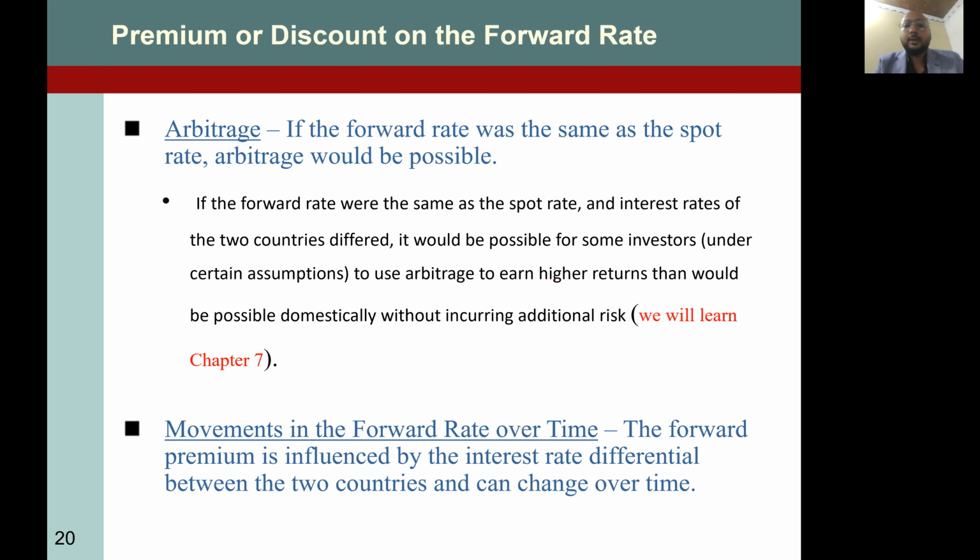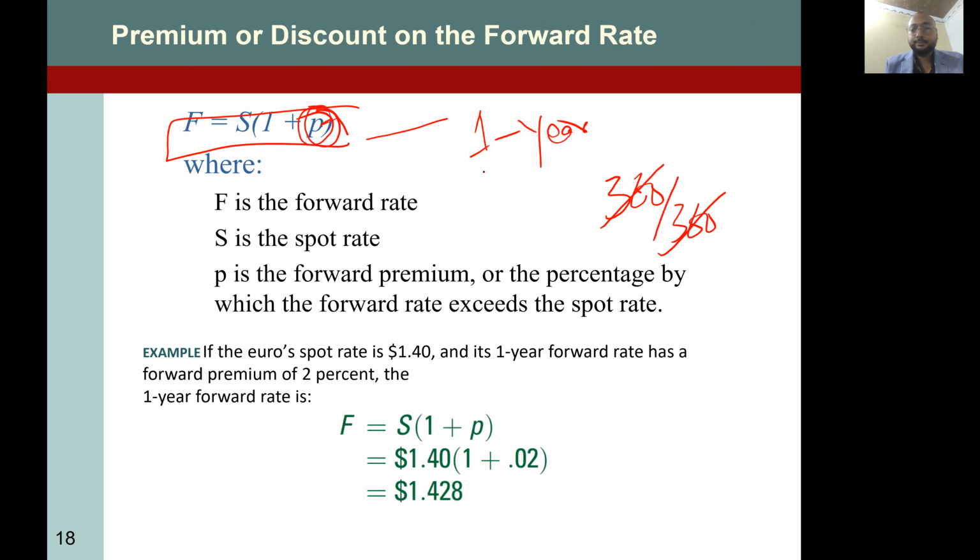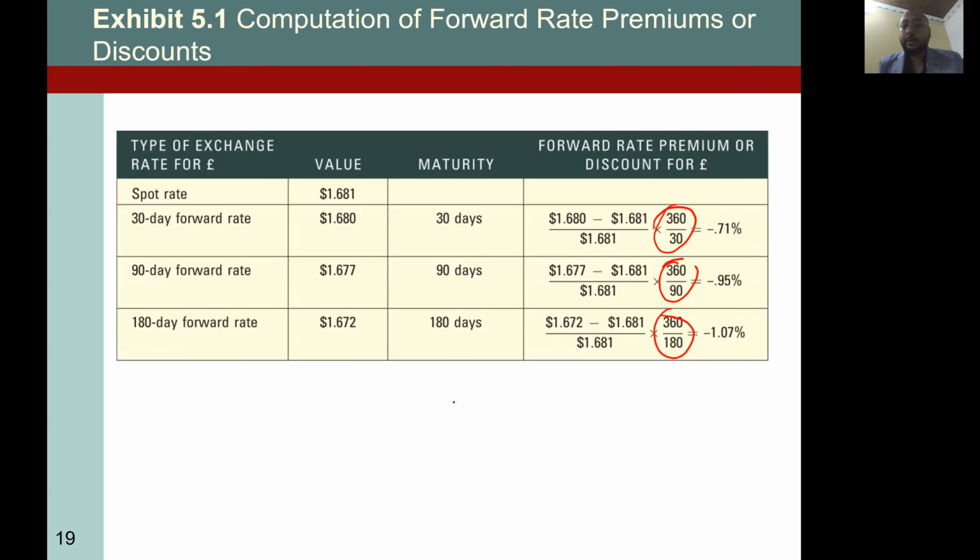All right. So can we have a riskless profit here? If the forward rate was the same as the spot rate, arbitrage would be possible. If the forward rate is equal to the spot rate, it means there is no premium and no discount in the market.